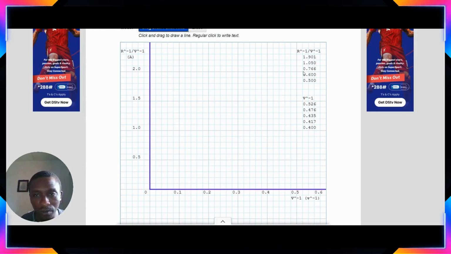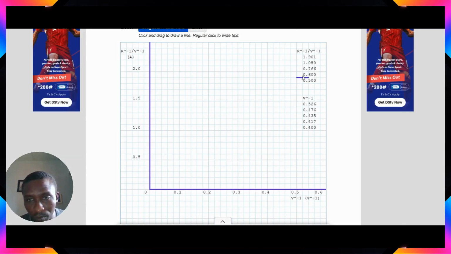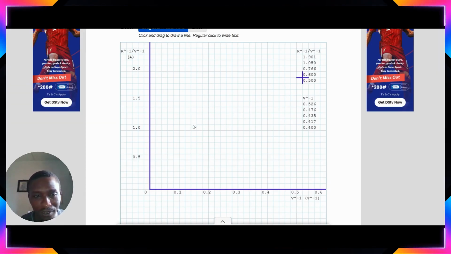So the first value, when the ratio is 1.9, which falls on the second line before 2, the corresponding value of V at that moment is actually 0.526. Okay, that should be somewhere around here. So we have our first point. Then the second one, when R is 1.05, which we approximate to 1.1, and that falls here.